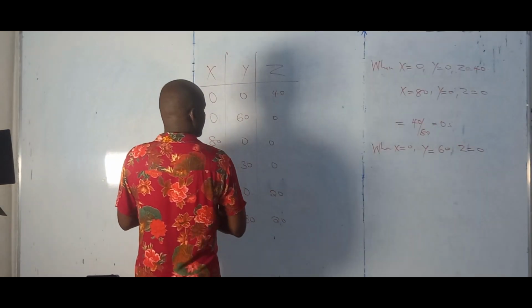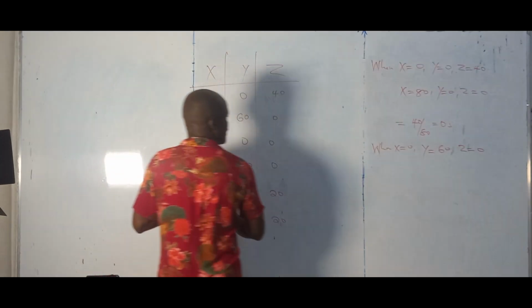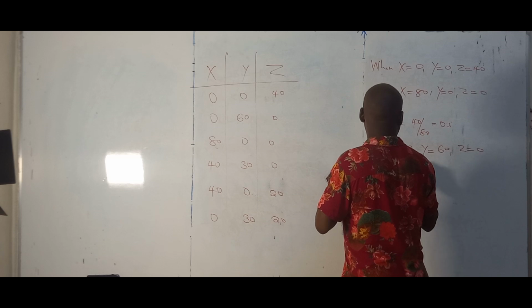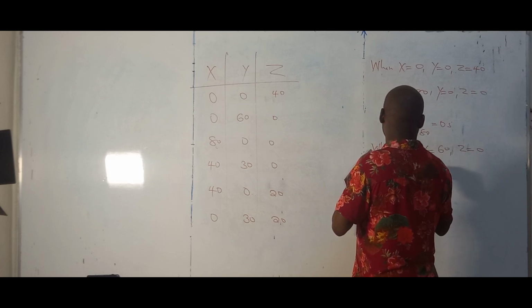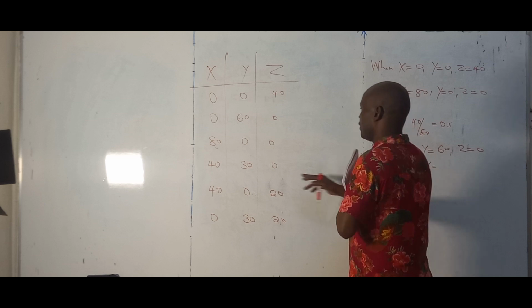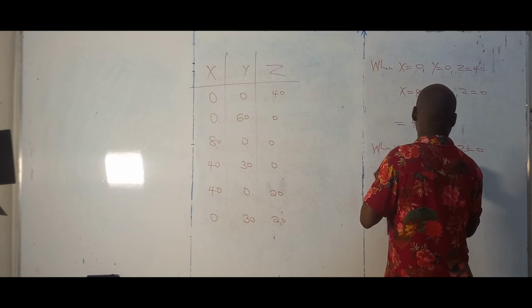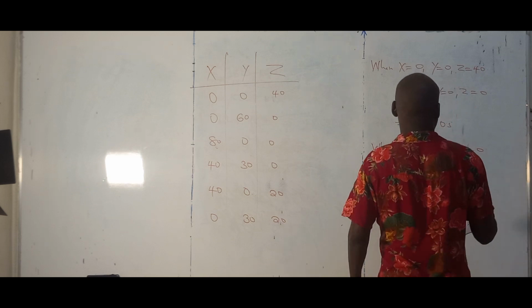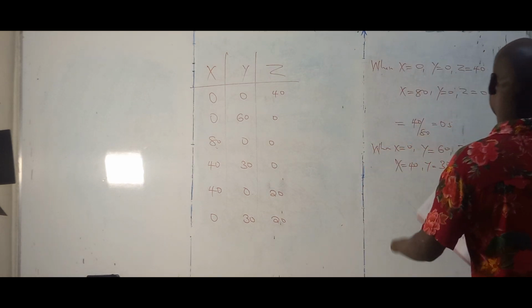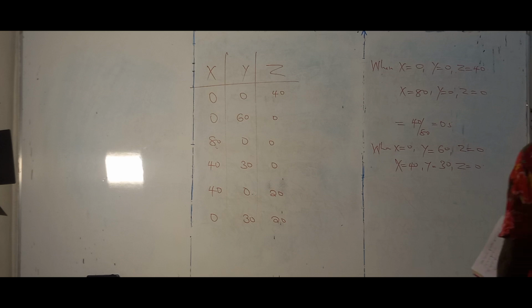And when X is 40, just try the combinations, Y will be 30, and Z will be 0. So we have picked a situation that allows us to relate X and Y strictly.